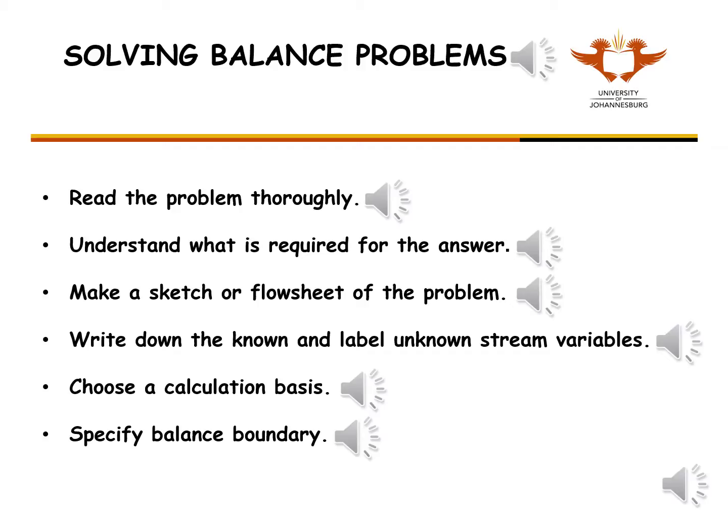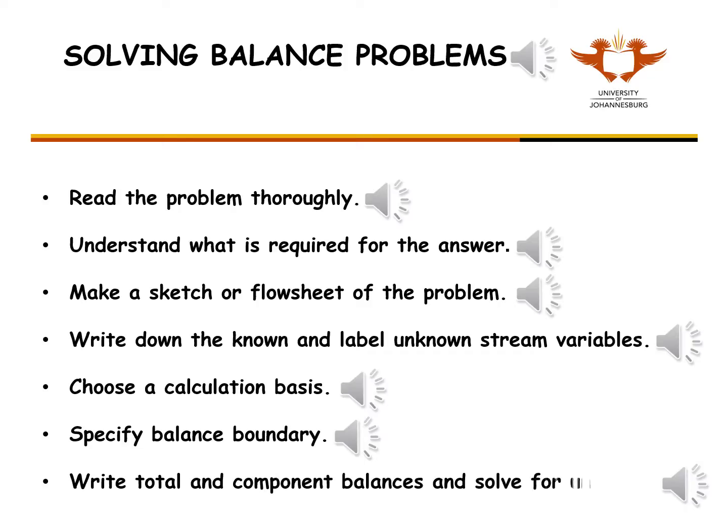This will help you identify which streams go in and which streams go out, giving you the values you need to enter into the general balance equation. By the end of this presentation, you should be able to do the total, and the component, balances, for the boundary that you specified in the previous point.